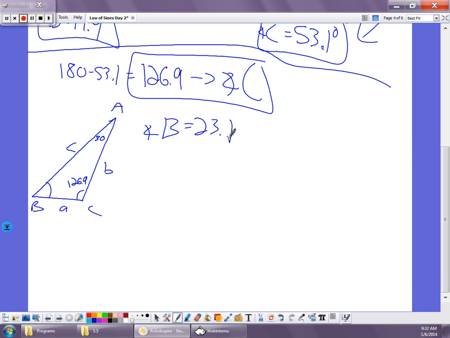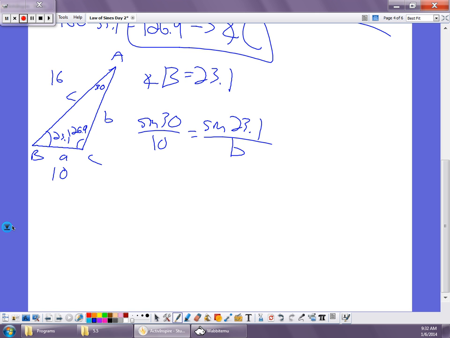23.1. Okay. So again, you would just solve, what was side A? 10 and 16? So you do sine 30 over 10 equals sine 23.1 over side B. And then you solve doing it the same way.